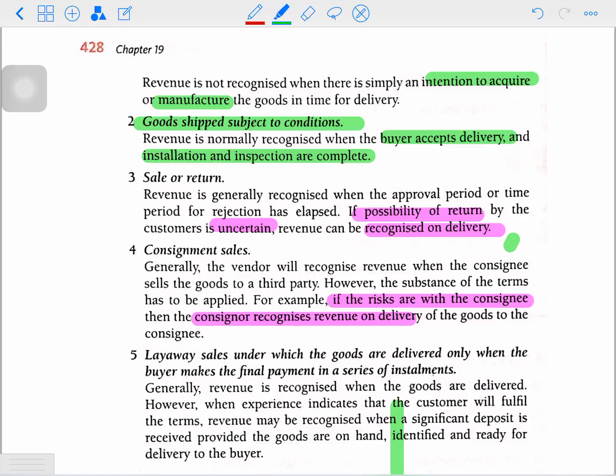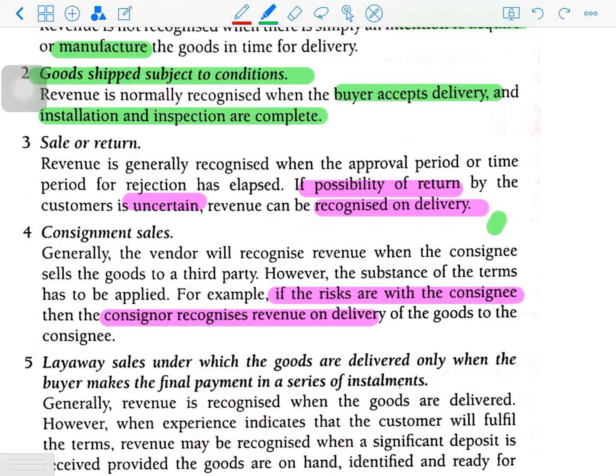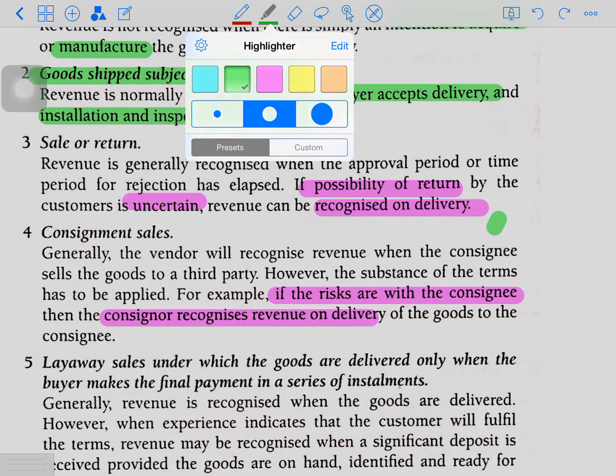That means when you sell, you can immediately recognize. If through past experience nobody returns your goods, and let's say that you have been operating for 5 years and nobody has returned, when you sell, you can recognize the revenue on the spot. Okay, remember that. That is called sale or return.